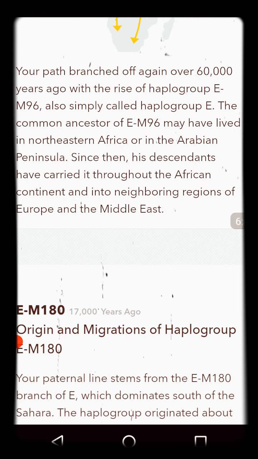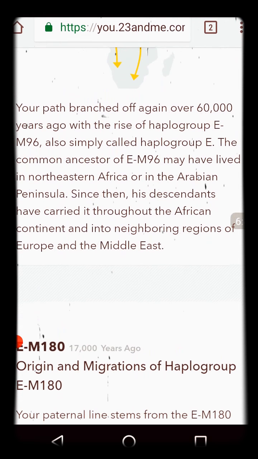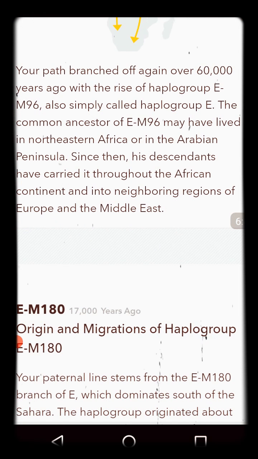So they say your path branched off again over 60,000 years ago with the rise of haplogroup E-M96. So let's put it this way: I'm E, which was once a part of DE, and this particular branch of my ancestors occurred 60,000 years ago.